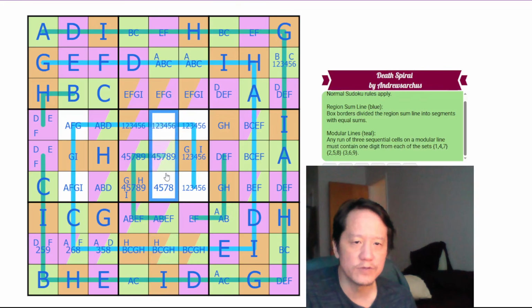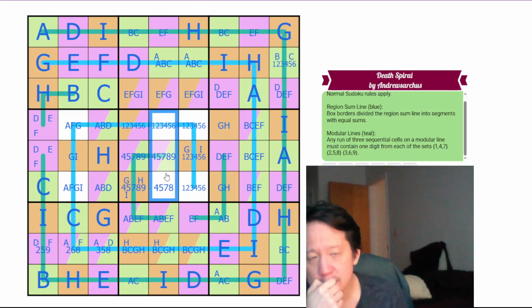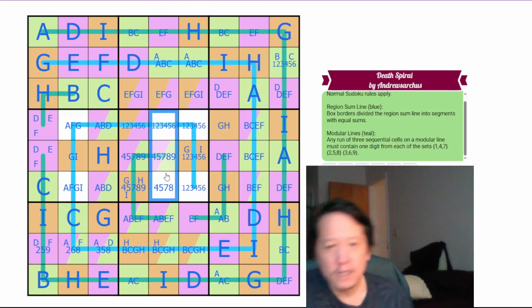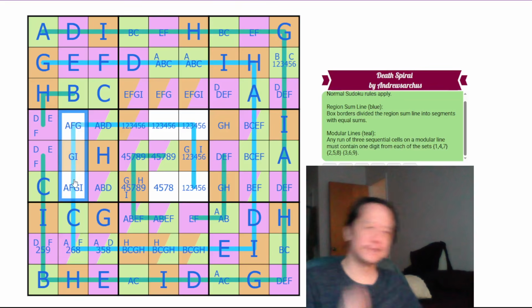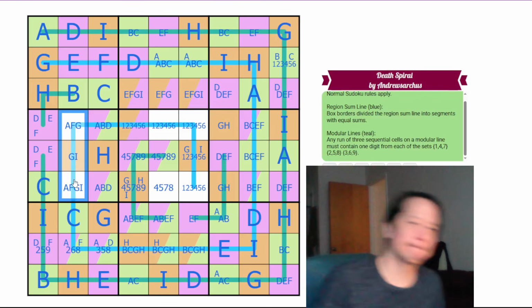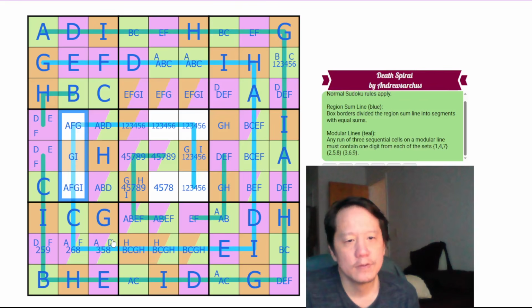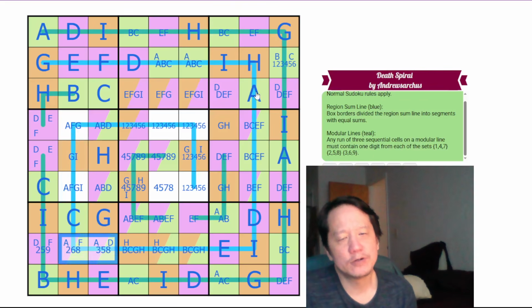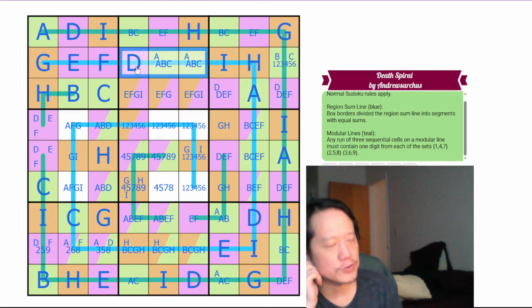D has to be one of these three. If this is F, that means A is guaranteed to be here. A would be parts of three different values adding up to the sum.